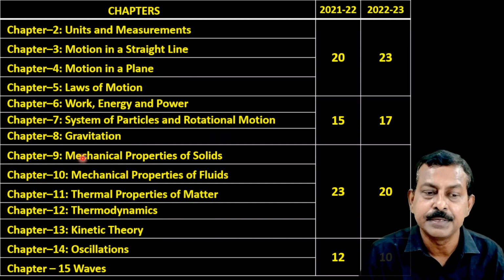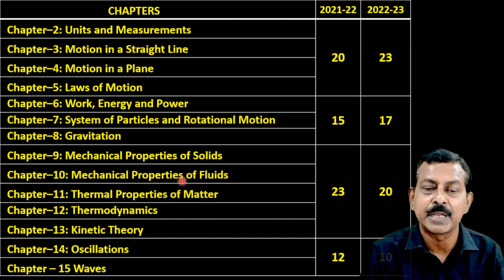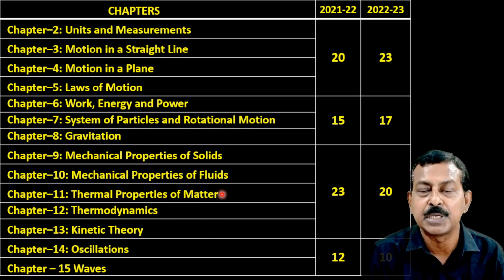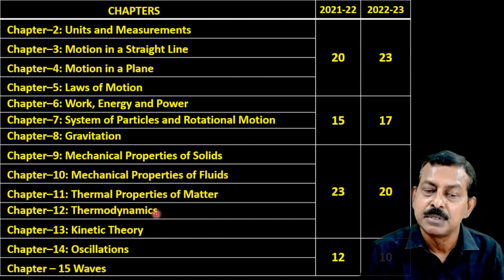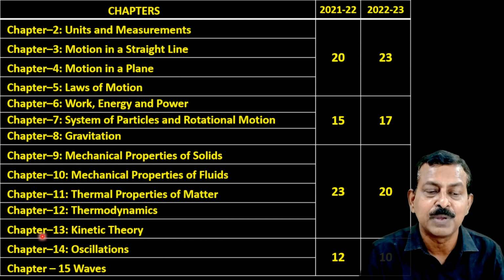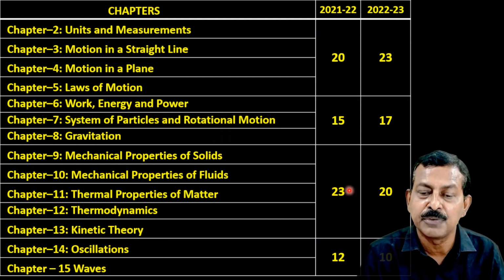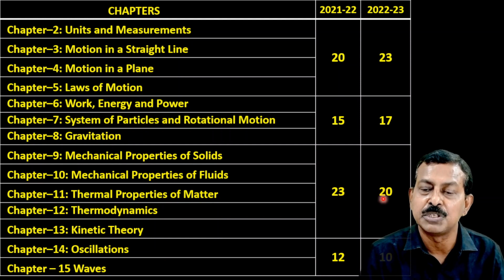Take chapter 9, mechanical properties of solids, chapter 10, mechanical properties of fluids, chapter 11, thermal properties of matter, chapter 12, thermodynamics, as well as chapter 13, kinetic theory. All these together were 23 marks. Now it is 20 marks.